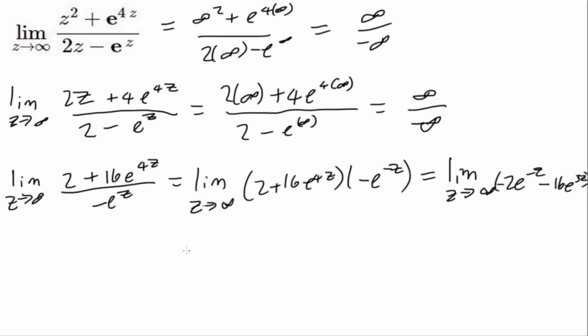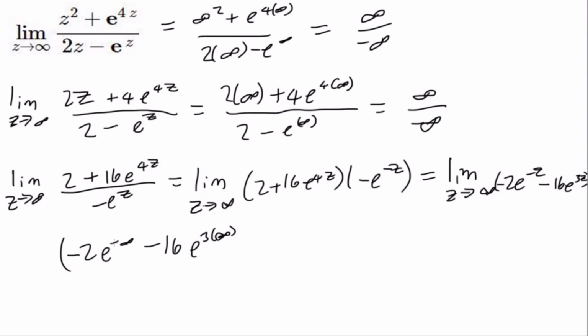Then we can just put in our limit here, so we get minus 2e to the minus infinity, minus 16e to the 3 infinity.